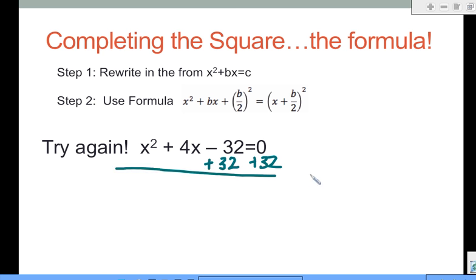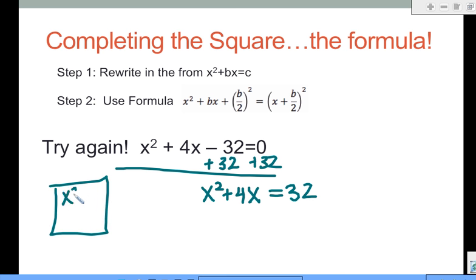If you're not a picture person, what's happening here? We rewrite it to x squared plus bx equals c. And then here's that formula, b over 2 squared, but I always think about that visual. Why is it b over 2? Well, we split up our b value, so we get b over 2 because we're cutting it in half.